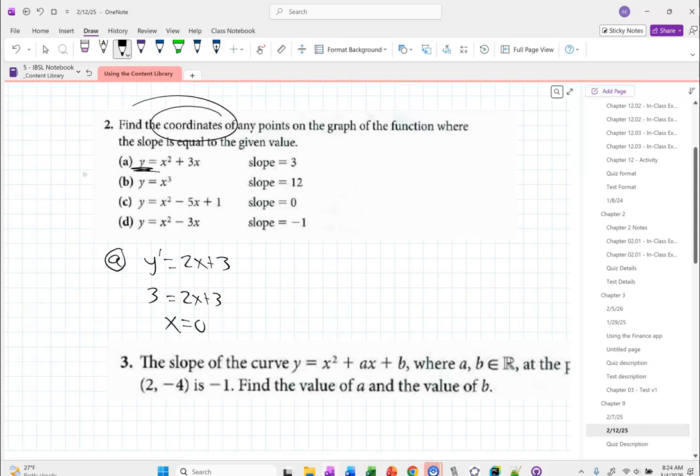That's going to be the y coordinate. So I just plug 0 into the original function. I get 0, so my point is 0, 0. Everybody feel okay with that?